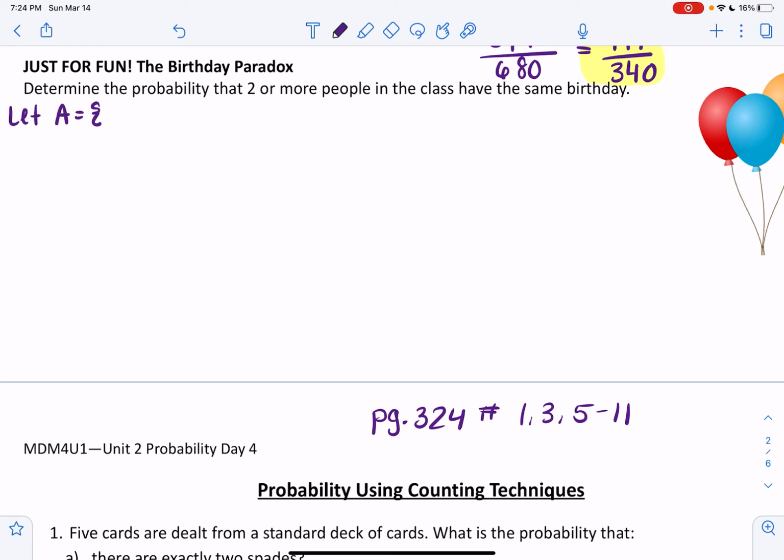It is easier to find how many people have totally different birthdays. So once we define our event A, then we can start looking at our complement. So we'll let event A be at least 2 people have the same birthday.